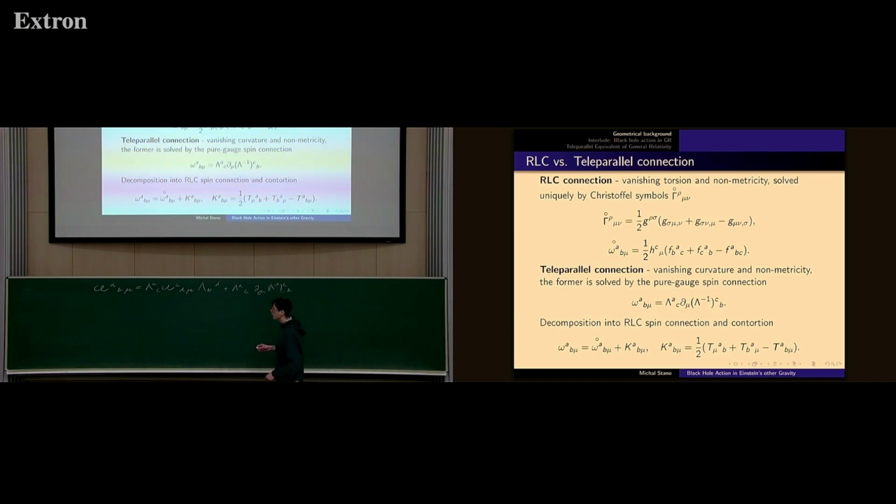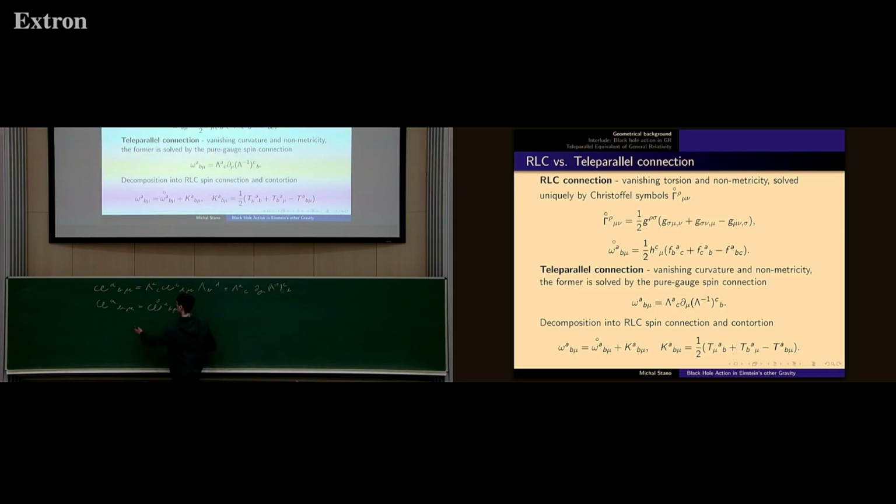Okay, and it turns out that a very crucial relation will be the decomposition of the teleparallel spin connection into the Levi-Civita spin connection. Oh, by the way, I denote objects with respect to the Levi-Civita connection with this little circle on top of them.